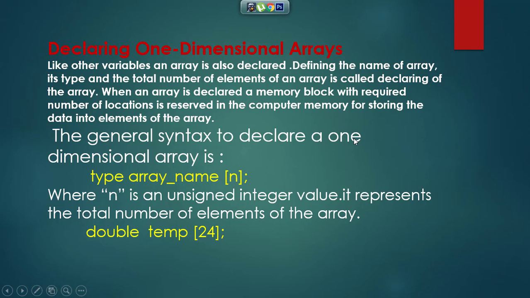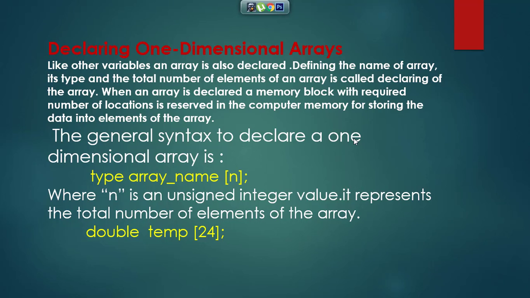Declaring one-dimensional arrays. Like other variables, an array is also declared by defining the name of the array, its type and the total number of elements of the array. When an array is declared, a memory block with the required number of locations is reserved in the computer memory for storing the data into the elements of the array.